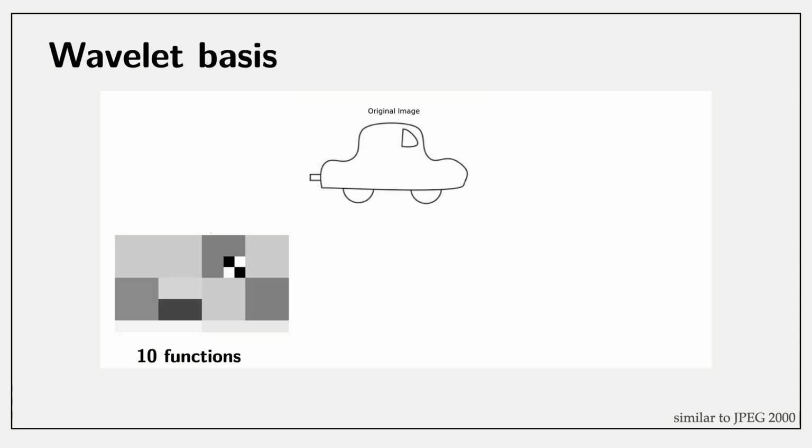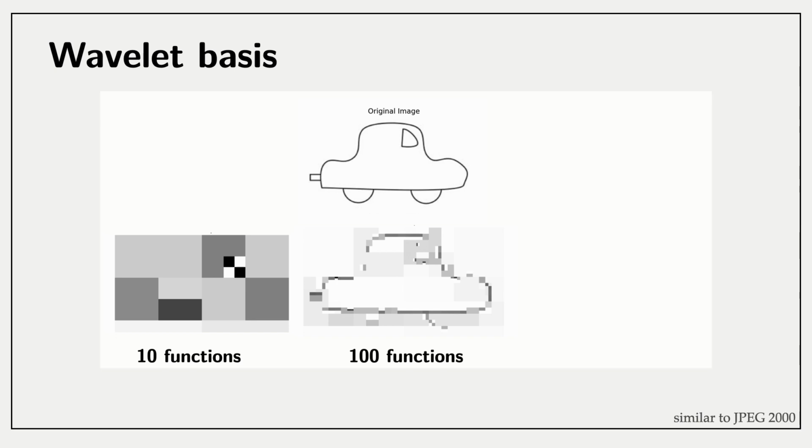It doesn't look like a car, but that's not the idea. The idea is that you already have a multi-resolution here. Even with a tiny number of functions, you are describing things differently in space. Nobody uses 10 functions. It's just to show you. If you use 100 functions, you start to have something a little bit better described, and then you can use a very large number of functions and you get back your car, no problem.